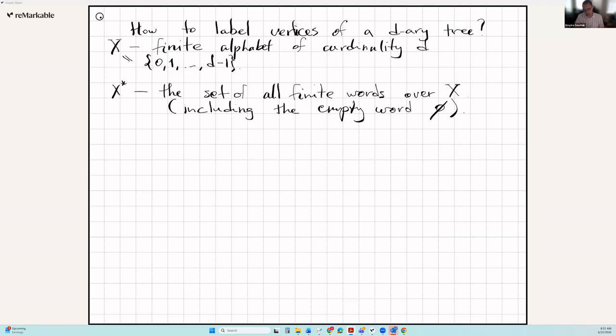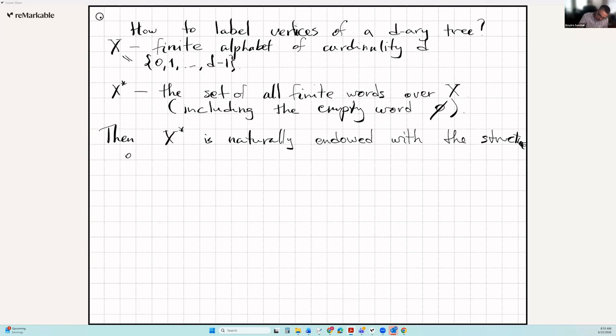Sometimes it's denoted lambda, sometimes it's denoted epsilon, but we're going to denote it by this symbol. Okay, so then X star, the set of all finite words, is naturally endowed with the structure of a d-ary rooted tree.